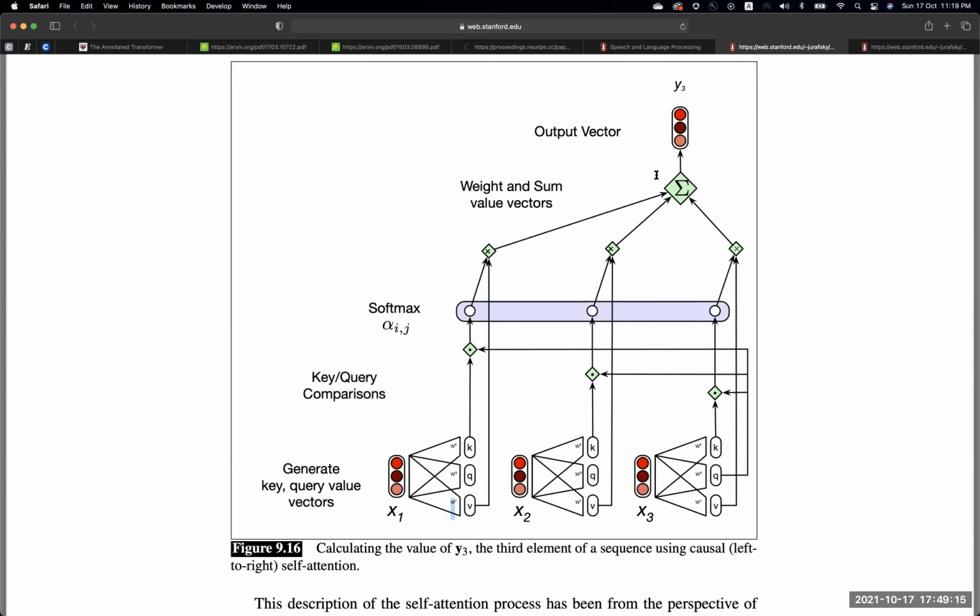Now coming to the amount of computation that can be parallelized, as we mentioned, it's really huge. That's really great. And the third point is the distance between long-range dependencies. I think this was something mentioned by Samarth as well in the beginning.